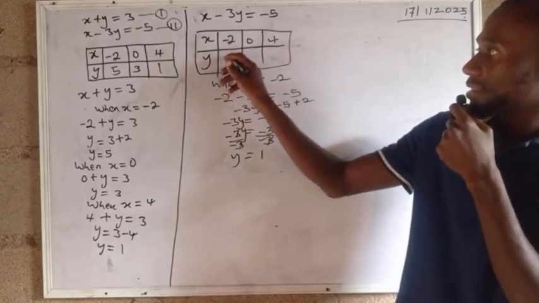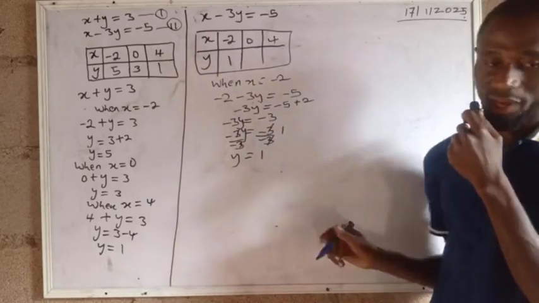Therefore, the value of y here is 1 when x is -2.